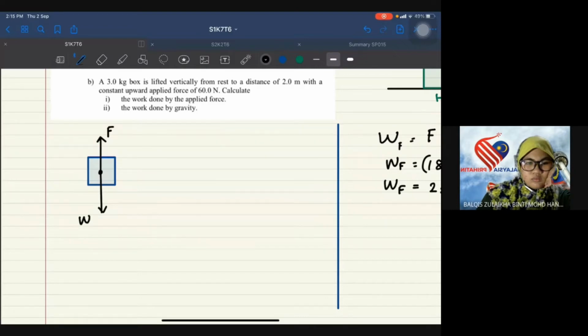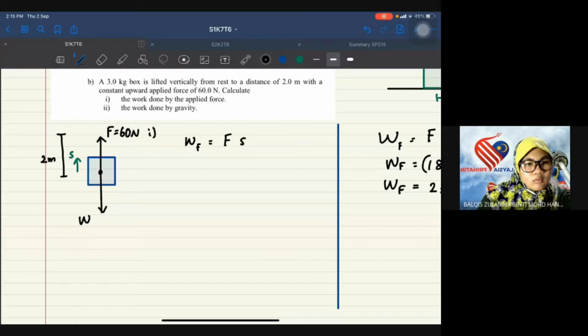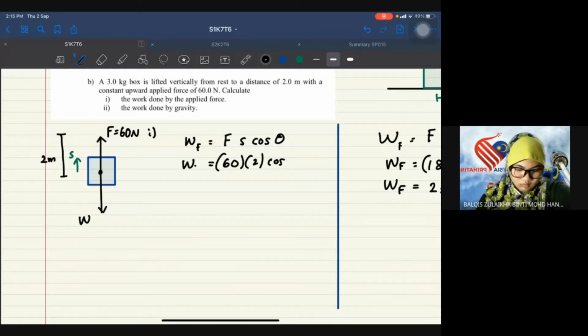For the first part, they ask you to find the work done by the applied force. The box travels 2 meters, and S will be in this direction. Using the formula, work done by F equals F S cos theta. The force is 60, the displacement is 2, and theta is equal to 0.